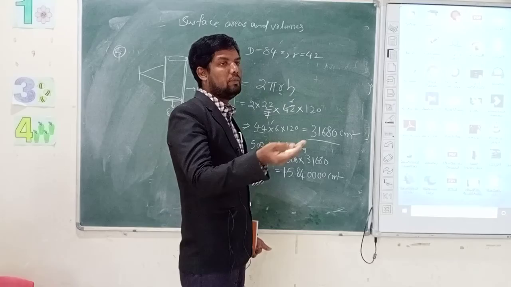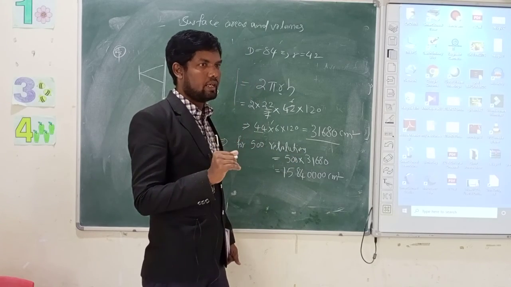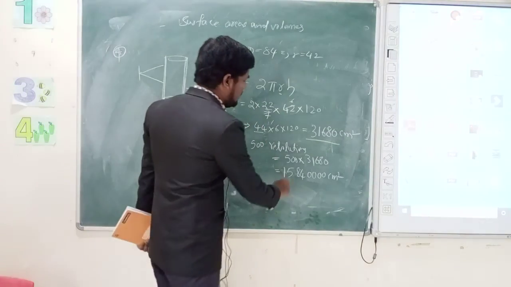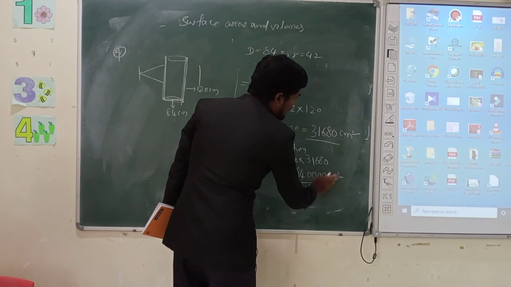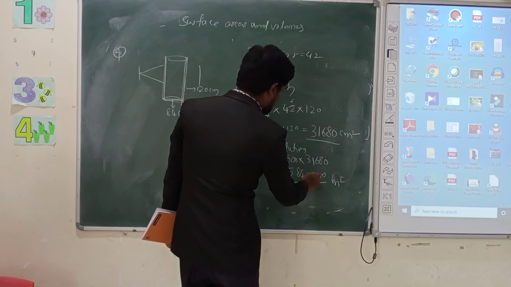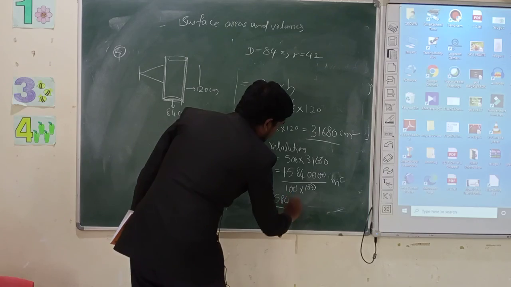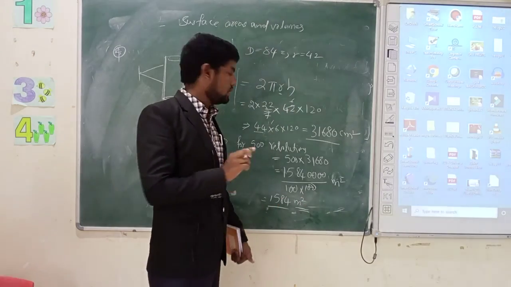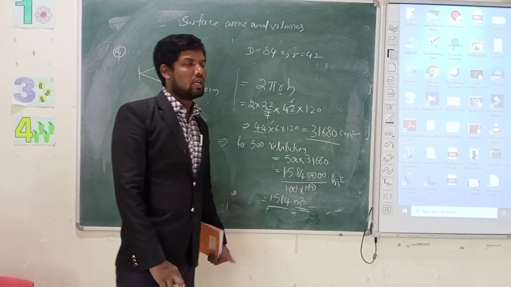Centimeter square to meter square means divide by 100 into 100. It becomes 1,584 meter square. So the total area it is covering is 1,584 meter square. Clear?